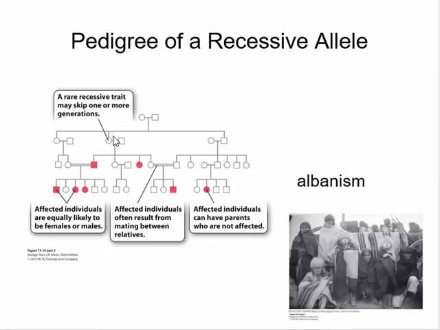It's kind of like the white flower color, say, for example. We see it disappear in that hybrid generation, but then reappear in the next generation. And so for a recessive trait to be expressed, that individual would need to have both of the recessive alleles. So that's possibly less likely, and therefore we don't see it as much in this pedigree.